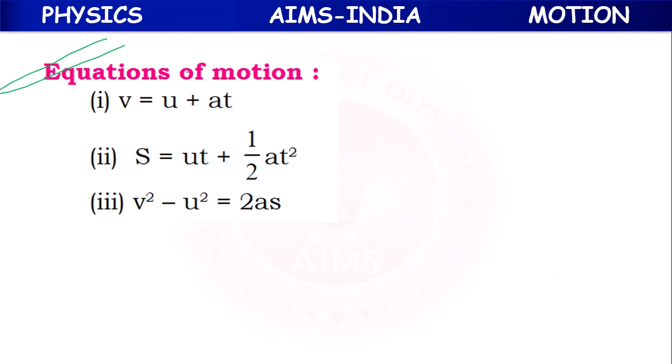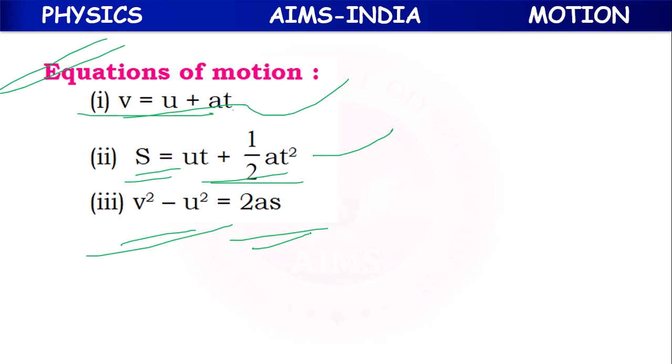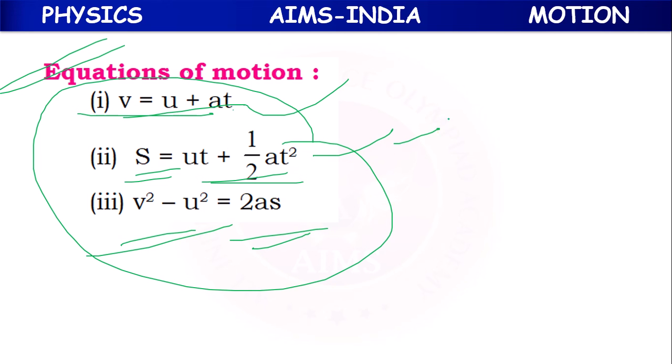Equations of motion: v equals u plus at, one equation; s equals ut plus half at squared; v squared minus u squared equals 2as. Equations of motion are applicable for uniformly accelerated bodies.